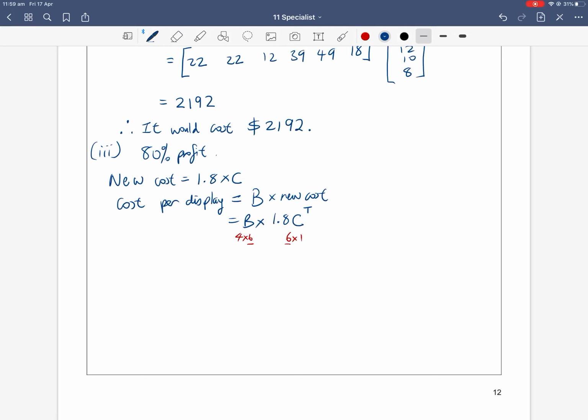The next thing would then be to write down your matrices and check, does it even make sense to multiply it out row by column? So I'm going to treat 1.8 as a coefficient. I'm going to matrix multiply B and C transposed first.